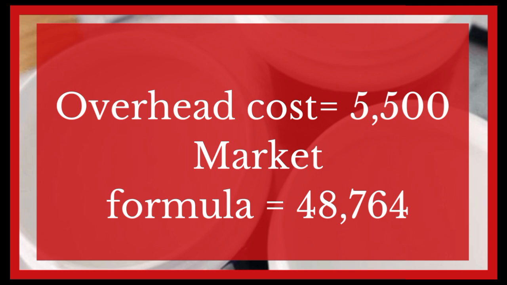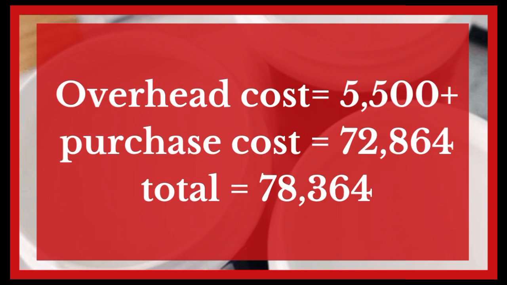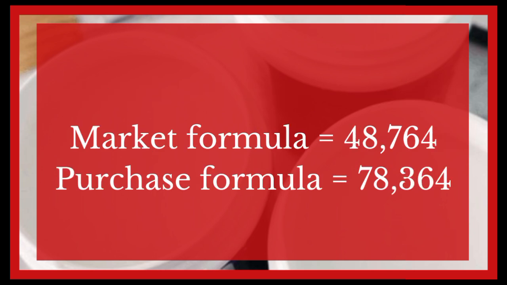the market formula. The market formula will fall at, and the prime formula, at 75,888. So you have gotten the idea of how much you're going to give to your client. So if you go below this, that means you don't want your overhead costs.